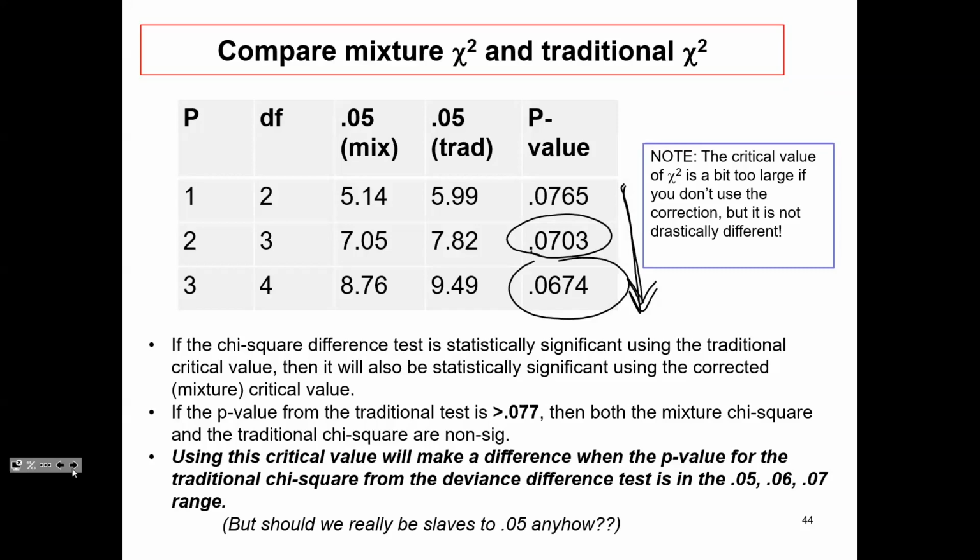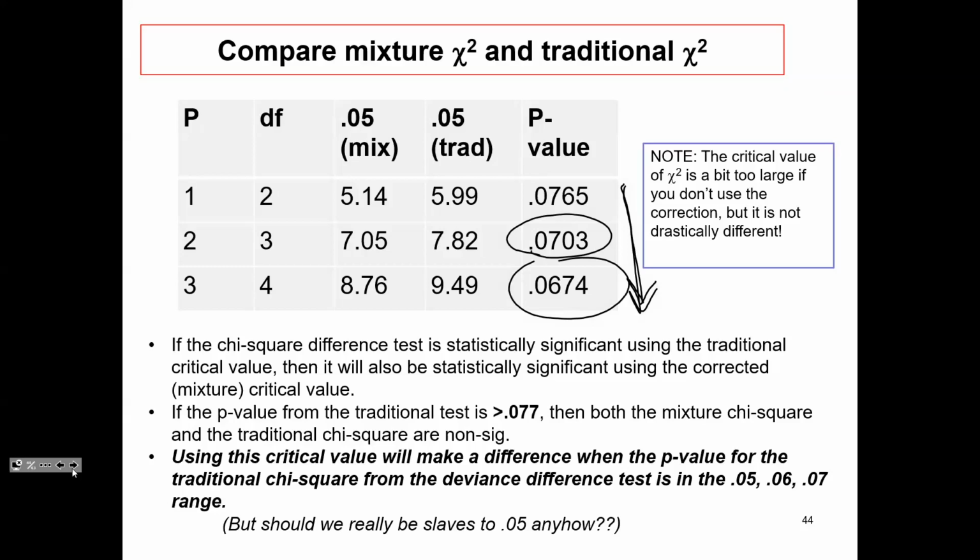Okay, so what do I say to all this after I've dragged you through all of it? The first thing I would say is you don't have to worry too much about this, right? Because if you look at this chart, you can say to yourself, the only time that this is going to make a difference is when I'm sitting between 0.05 and 0.077, right? That's the space where it matters. And I would argue, if you're in that space, you should be using other criteria besides statistical significance to begin with.